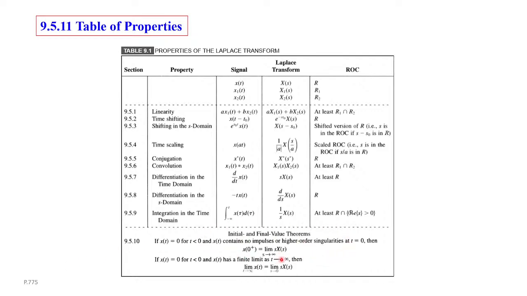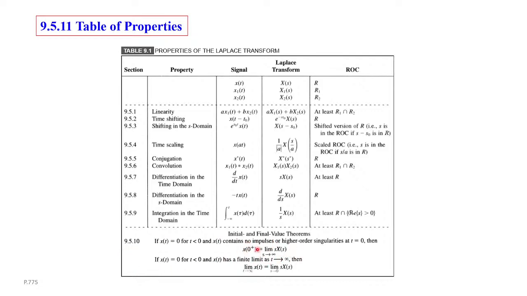And then we have two new theorems, the initial value and the final value theorem. It says that if you want to find the initial and the final value of a function that's 0 for t less than 0, it should behave nicely, so no weird impulse at the initial time, and it actually has a final limit at infinity.